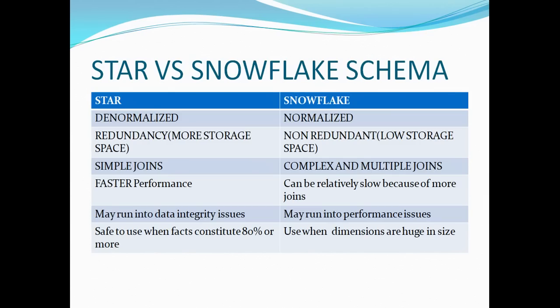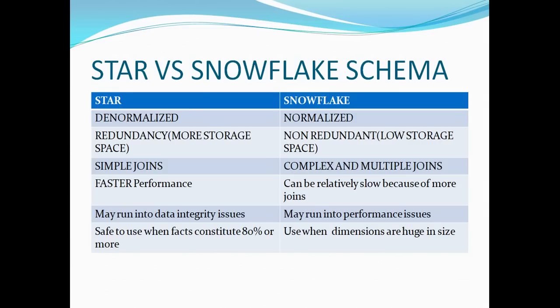So that's the final question now. We have certain advantages of star schema, we have certain advantages with snowflake schema. Which should we choose in which scenarios? The very simple answer, if I have to explain that in one line: if your facts constitute the majority of the data in your warehouse, go ahead with the star schema.